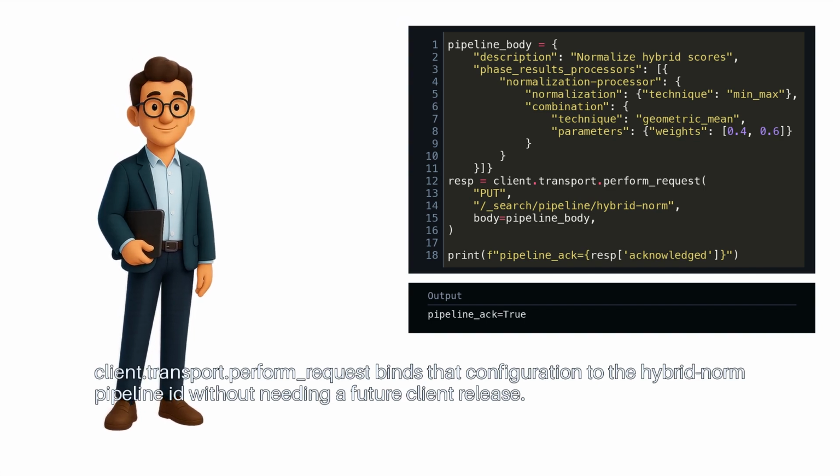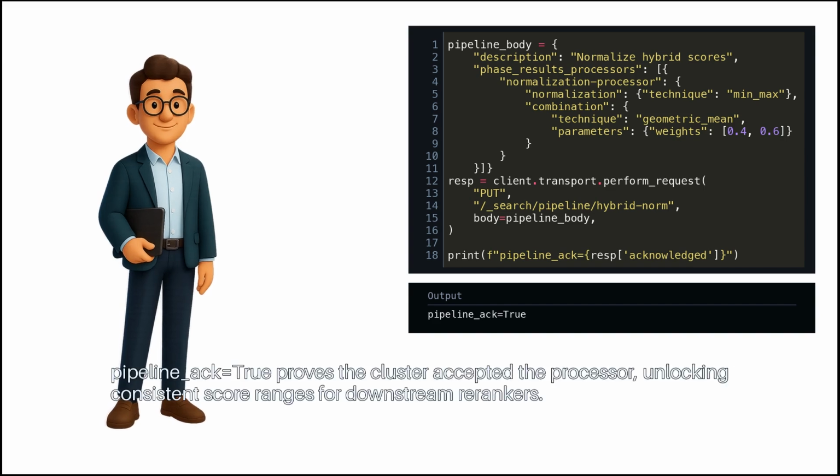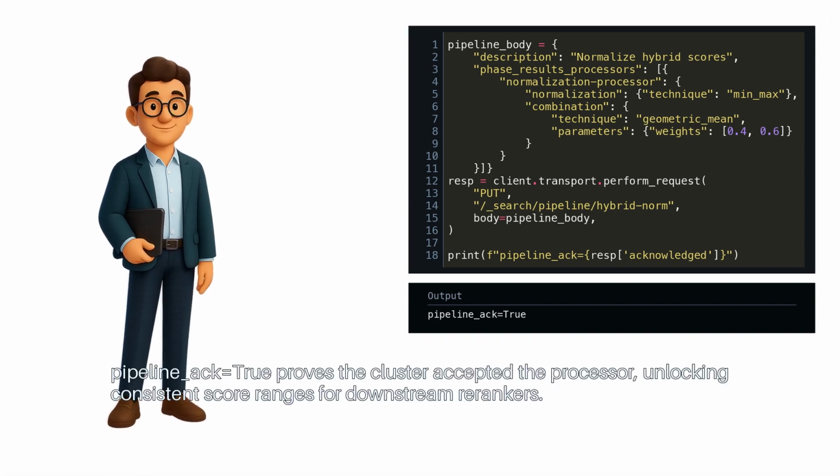Client.transport.performRequest binds that configuration to the hybrid norm pipeline ID without needing a future client release. Pipeline ACK is true proves the cluster accepted the processor, unlocking consistent score ranges for downstream rerankers.